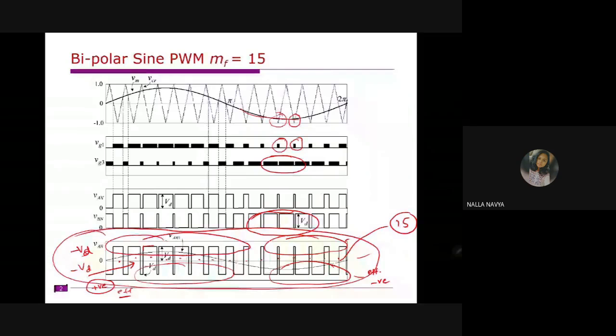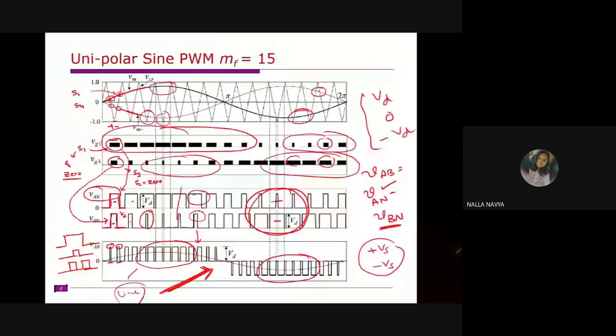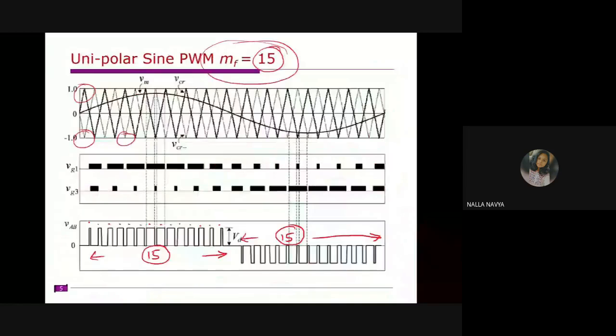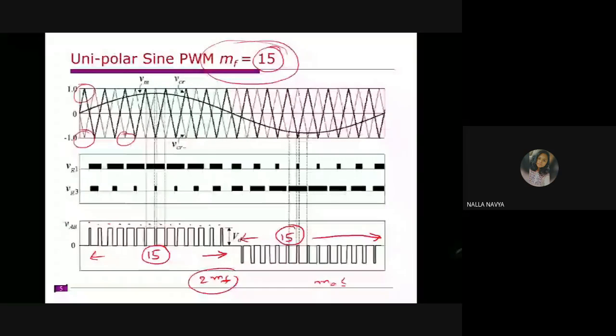Friends, in case of bipolar, the number of pulses produced in one cycle is equal to MF. Whereas in case of unipolar, it is equal to 2MF, provided MA is less than or equal to 1.